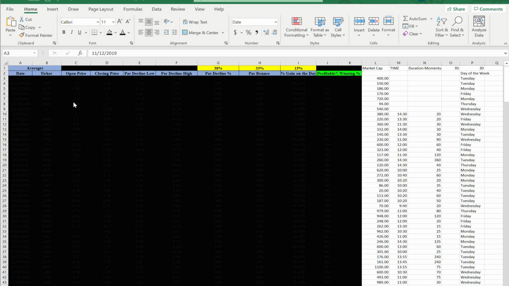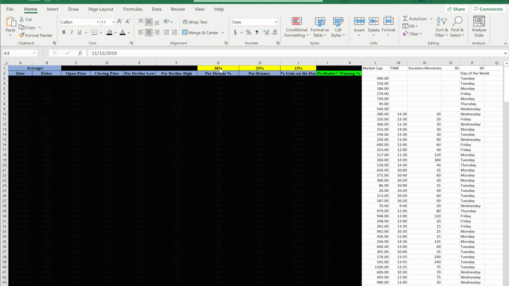So let's see what we're going to look at here. As you remember, for this strategy we look at the averages: date, ticker, open price, closing price, parabolic decline low, which is the lowest price where a stock went, and then how high it bounced from the lowest point, that's parabolic decline high. Then I need the percentages, the parabolic decline percentage and parabolic bounce percentage.